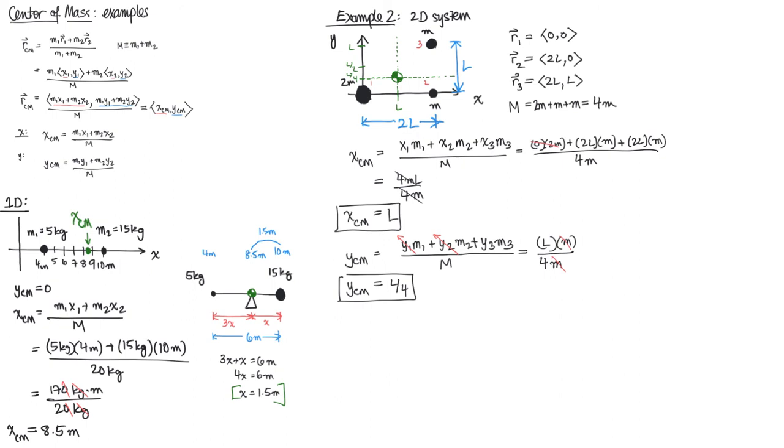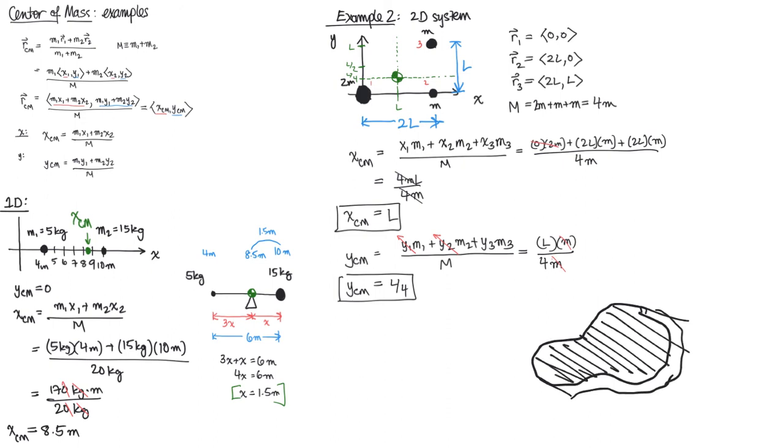Of course, lots of systems are not going to be composed of point particles, but rather maybe continuous objects, such as a sheet or a plane of material or something like that. And so if you then want to compute the center of mass of that continuous object, instead of a sum, you'll need to extend that to an integral. So you'll have basically an infinite number of chunks of material.